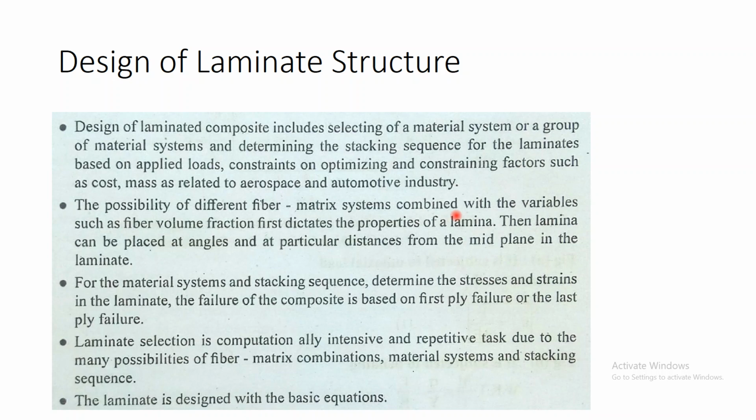Once we finalize these, we can go for designing along with the basic equations of the laminas, like the calculation of elastic modulus and the properties like sigma 1c, sigma 2c. Based on which fiber, which matrix, and what thickness, we are going to develop the laminate.